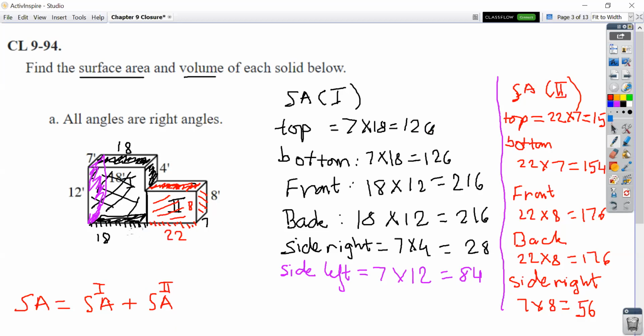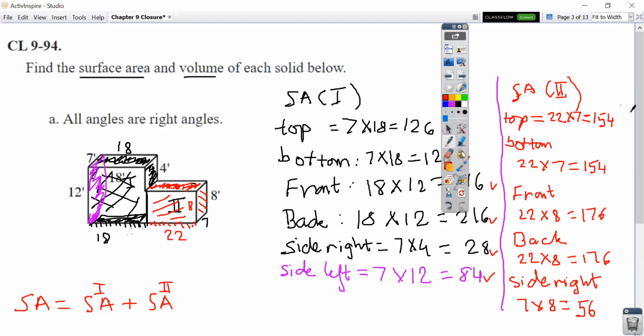So when you add 126 plus 126 plus 216 plus 216 plus 28 plus 84, then plus 154 plus 154 plus 176 plus 176 plus 56, everything all together, your surface area should be equal to 1,512 square units.